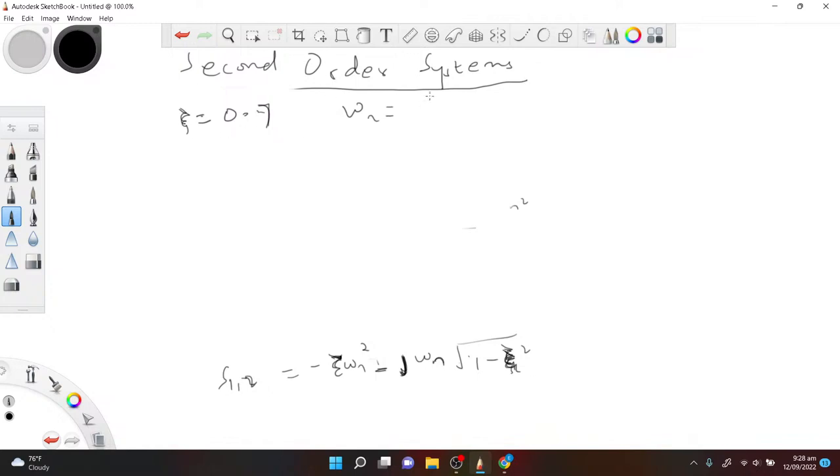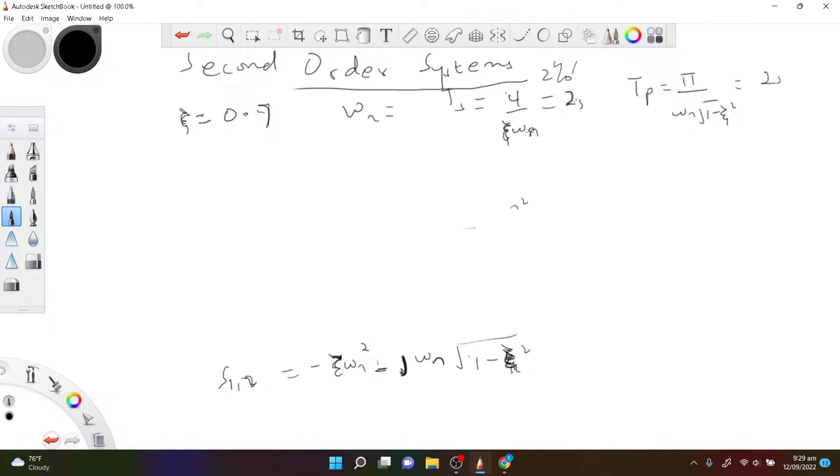Maybe they won't even give you zeta; they will give you, let's say, settling time, which we know the formula as 4 over zeta omega n, when we are using 2% tolerance band, maybe 2 seconds. And they will give you, let's say, peak time, which is pi over omega n square root of 1 minus zeta squared, as, let's say, 2 seconds too.